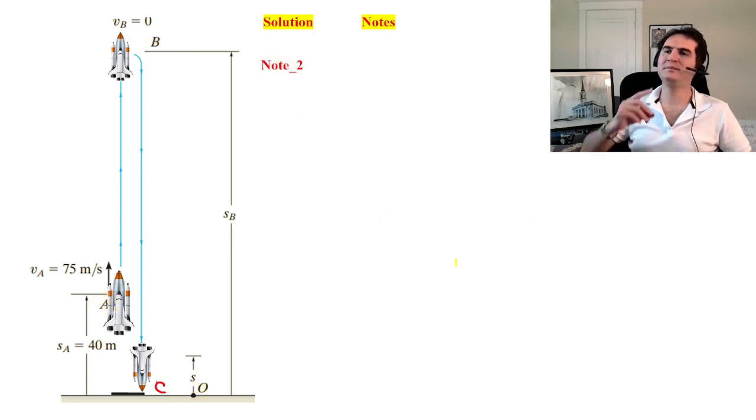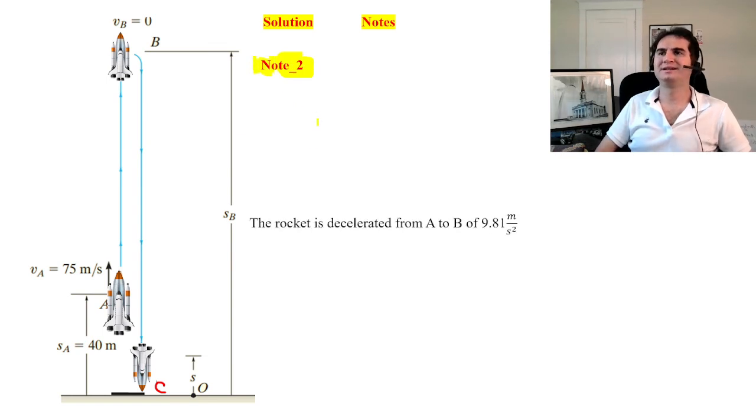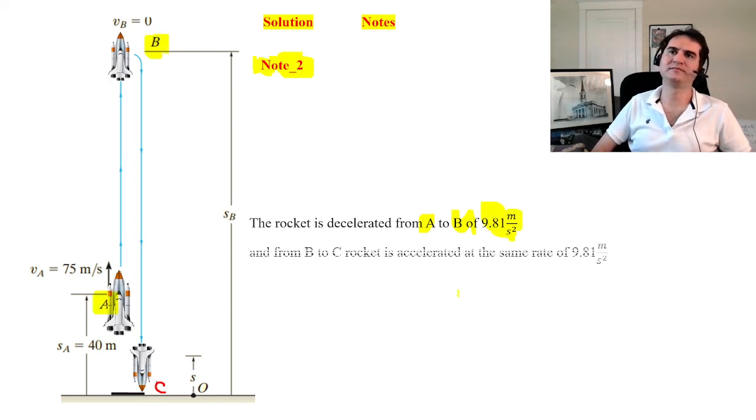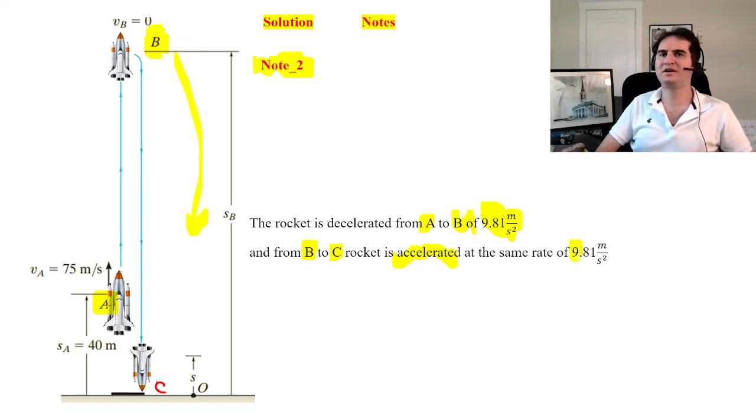At the same time, pay attention to notice that the rocket is decelerating from A to B by 9.81 meters per second squared, the constant gravity acceleration, and also from B to C, the rocket is accelerating downward with the same rate of 9.81 meters per second squared.